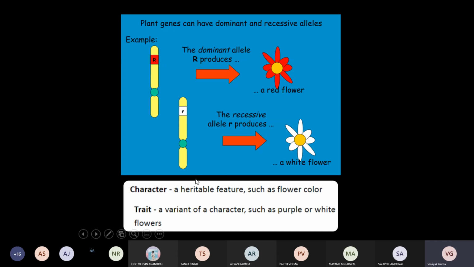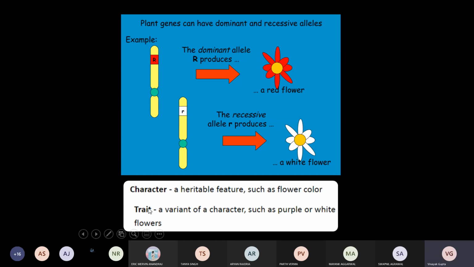Now we are going to discuss character versus trait. Character means the heritable feature, such as flower color. Now the flower color may be red, may be white, may be purple. So that is the trait. Trait means a variant of a character.